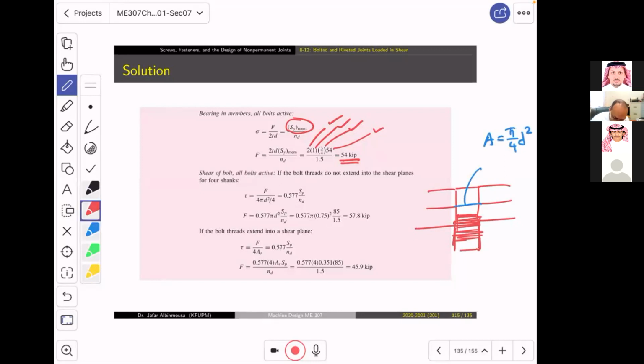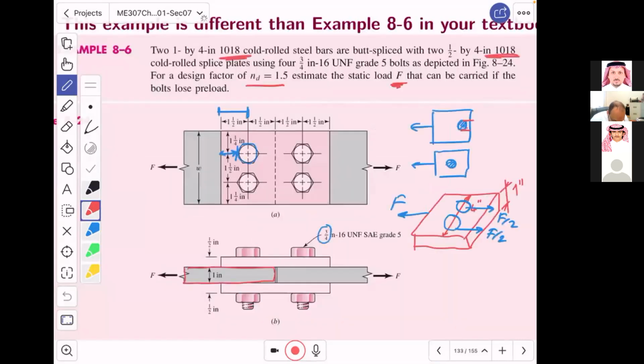But if the thread goes all the way, the plate, well, one of them is moving right, the other one is moving to the left, and the shearing we need to know. Now look, this shearing part will probably be in the shank.